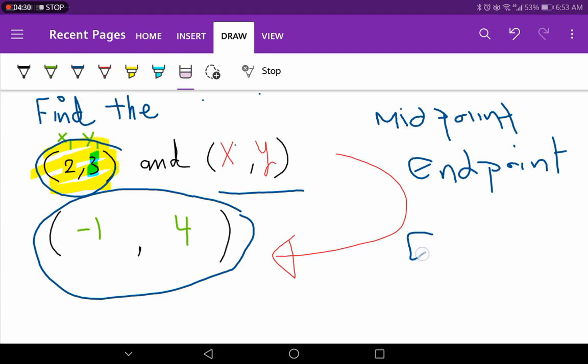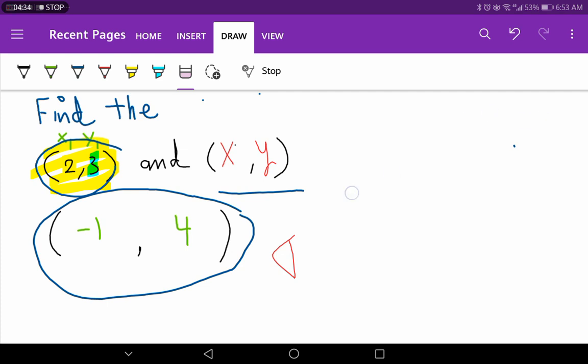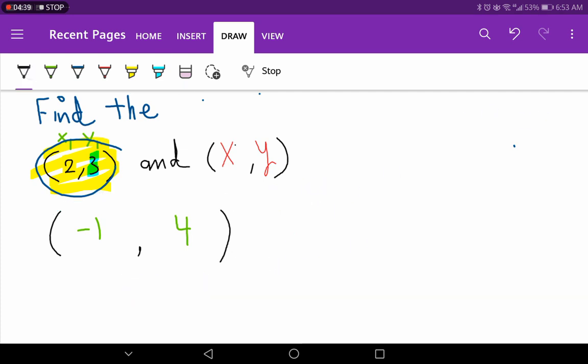Now, is it clear? Now let us find the second endpoint. What you have to do is denote the first part x and the second part y, and apply what you know about the midpoint. Okay, let's go.